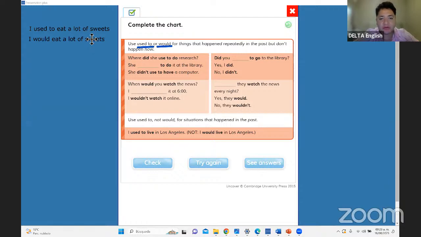Sometimes when a person is using this structure, you can use used to, then jump to would, so that you don't feel monotony when you're writing about it. Okay. We also have to make the question, so you would need to use did you used to?